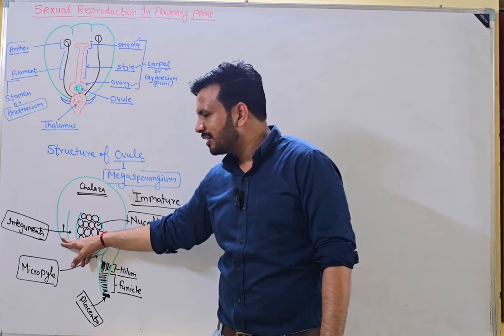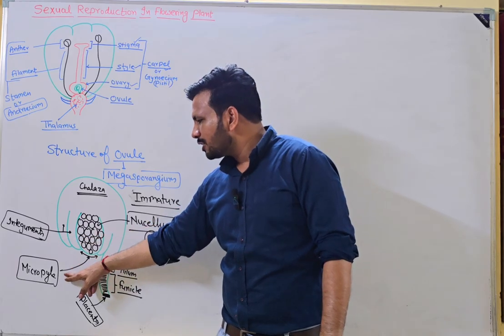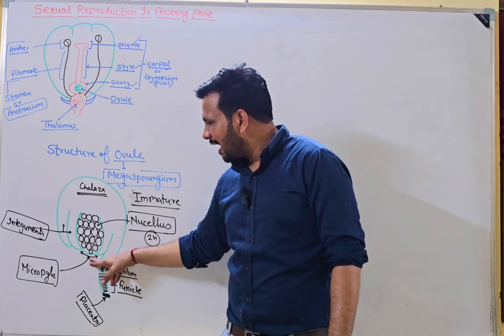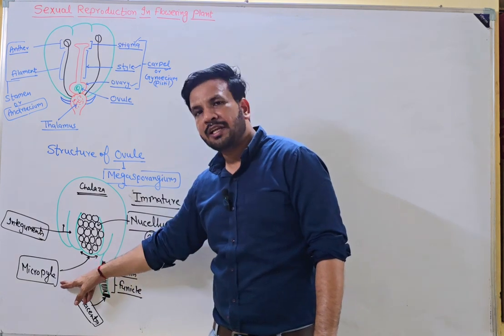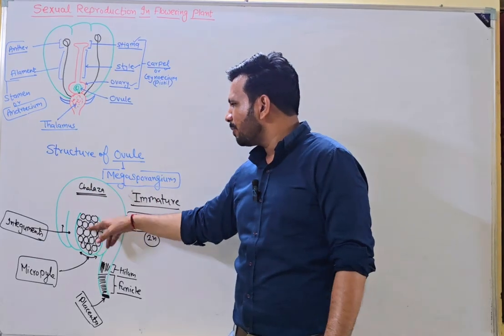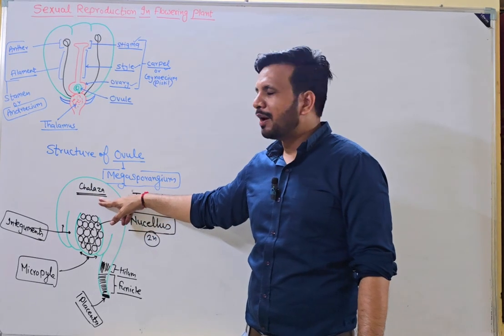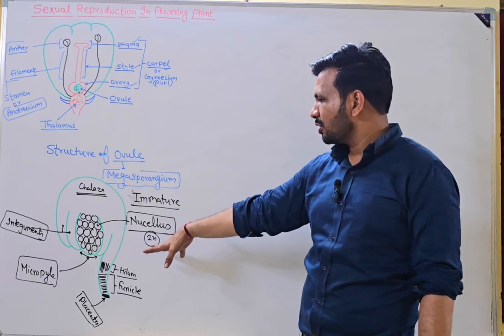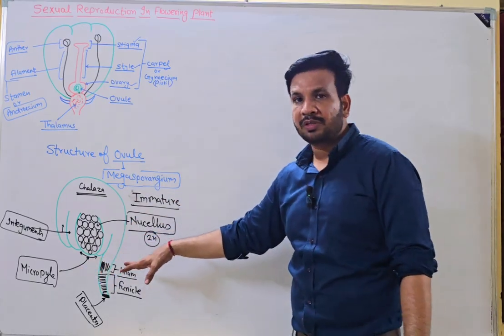One is inner, another is outer integuments. What is micropyle? Part of ovule which does not have integument, that part is called micropyle. And opposite to the micropyle, one more part is there, that is called chalaza.